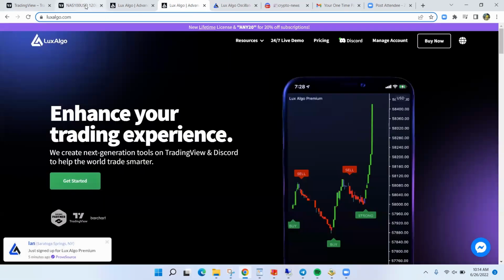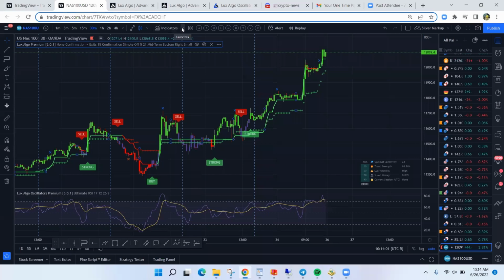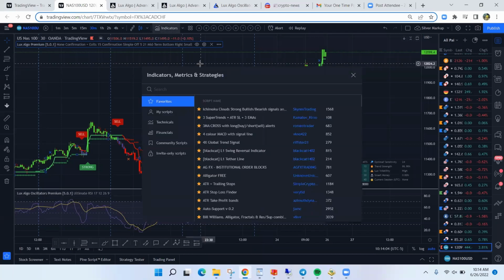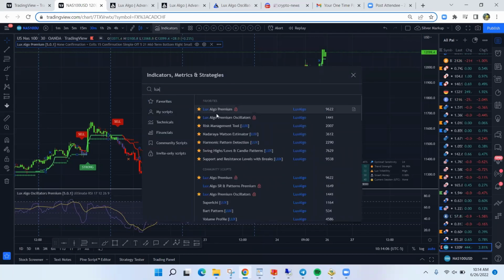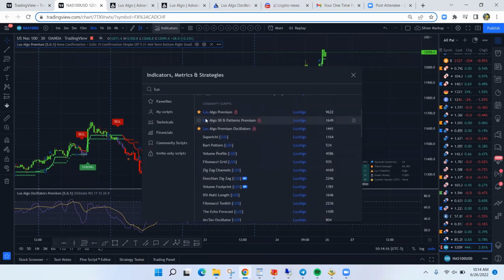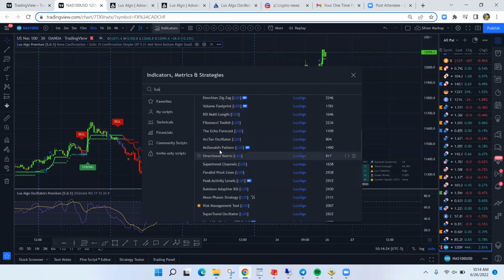The last thing I want to show you is the Lux Algo free indicators. If you just type in Lux, you'll see that you have a few that are premium indicators. Then you also have your free indicators. One of the ones that I really like to use is what's called the McDonald's pattern.